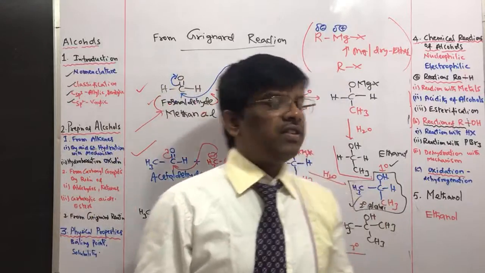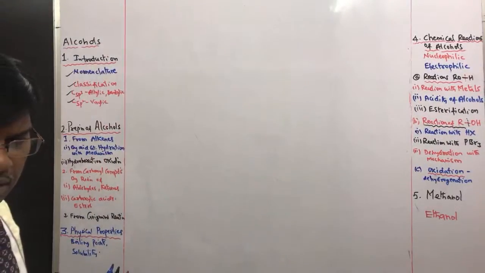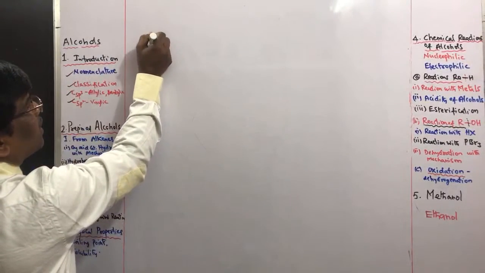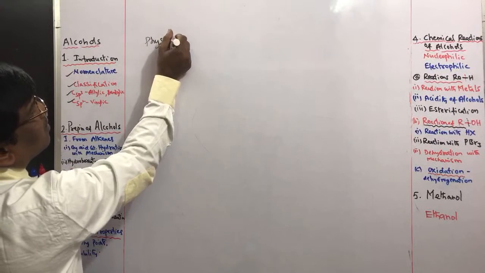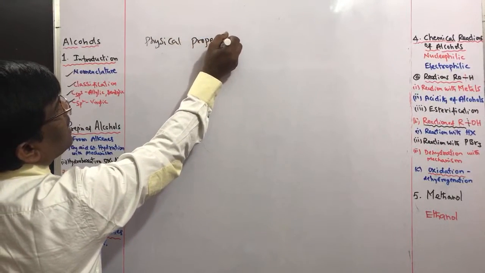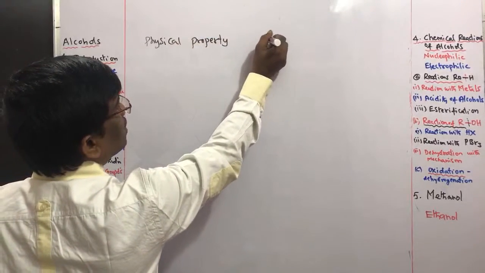Yes, students. So these are all alcohols. Let us see their physical properties. So what are the physical properties? Usually we learn about boiling point, melting point. So let me take boiling point.